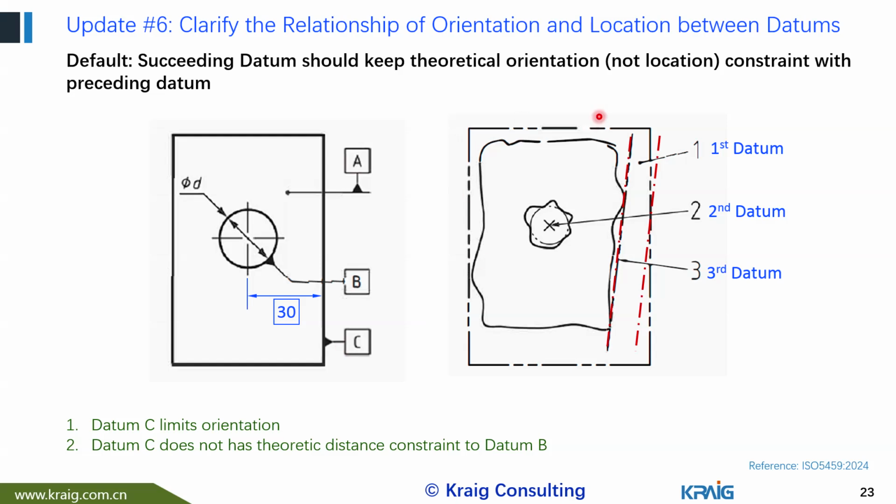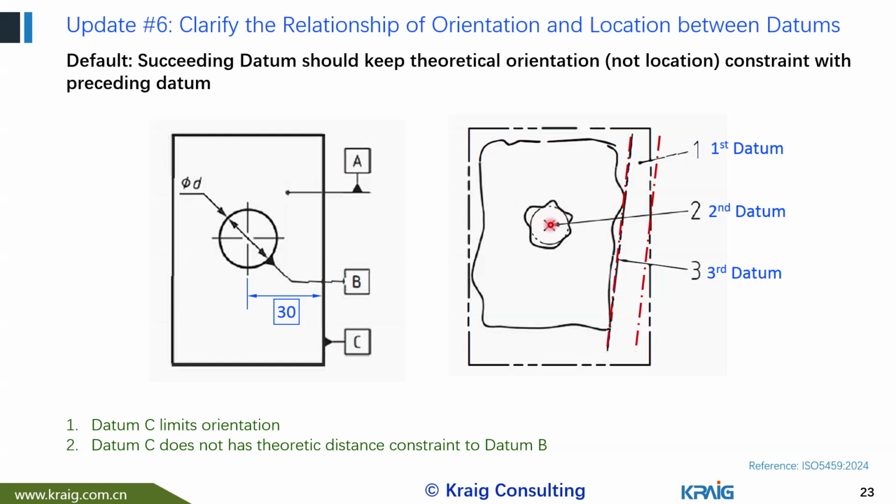Number one, we get a plane. This is datum A. Number two, here we are going to use this hole, the maximum inscribed feature, to locate the hole.